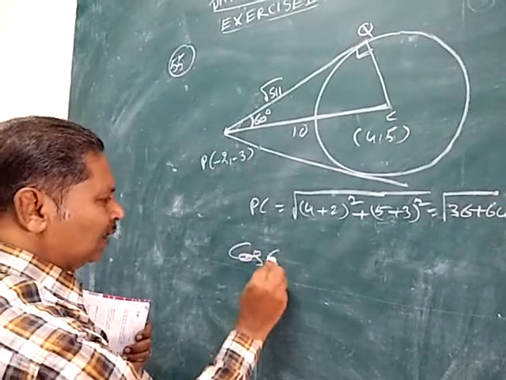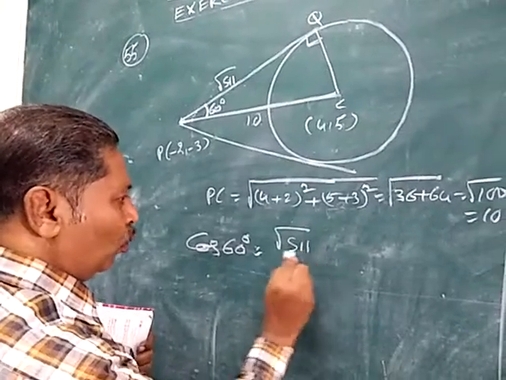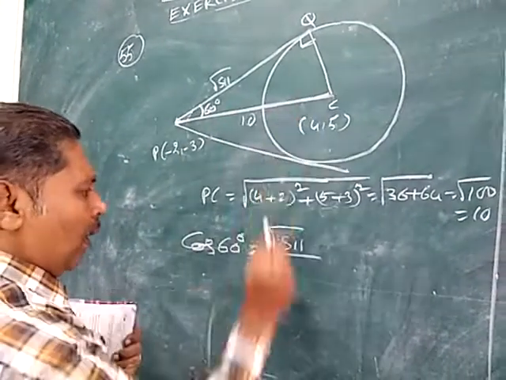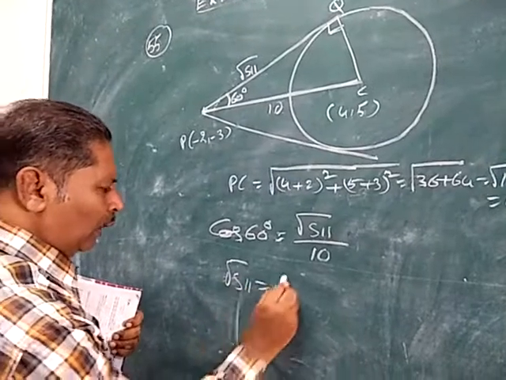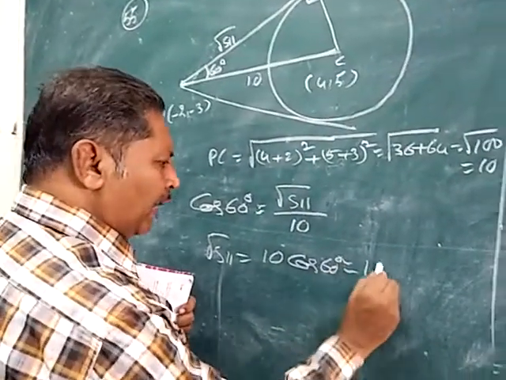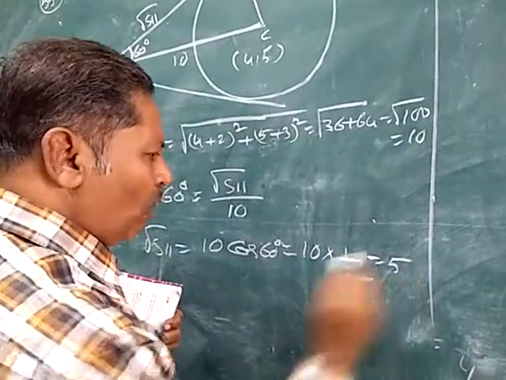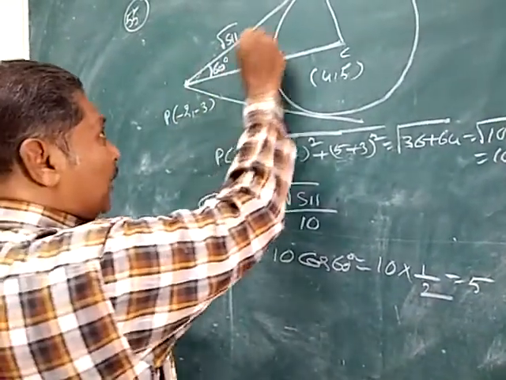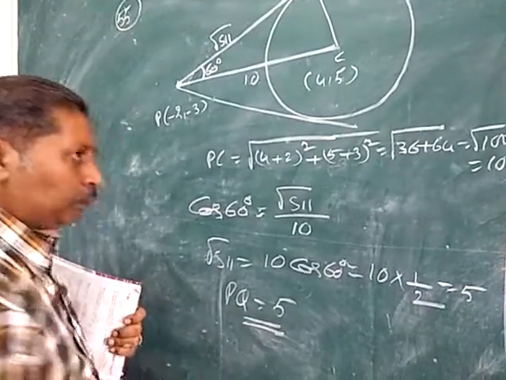So cos 60 degrees equals adjacent side S11 by hypotenuse 10. So root S11 equals 10 into cos 60. 10 into cos 60 value, which is 1 by 2, gives 5. So the length of the tangent PQ equals 5.